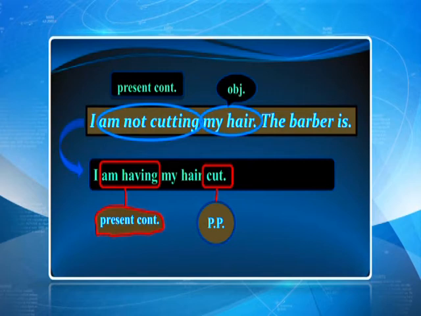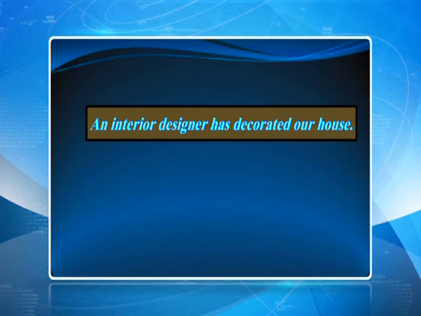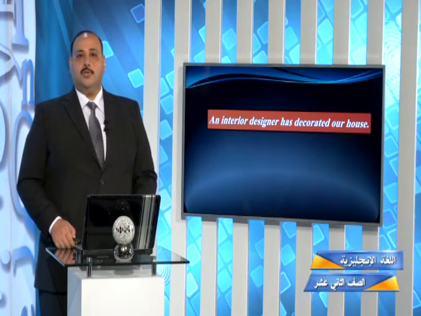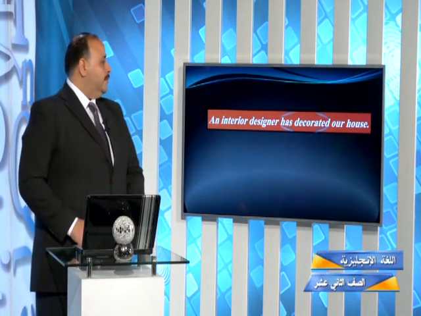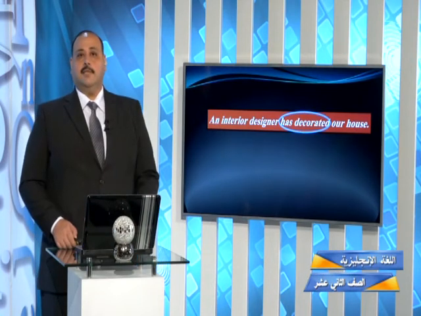Let's move to have another look at another verb. An interior designer has decorated our house. Again, you should do it by yourself right now. Now, what is the first step, as I taught you? Yes, to decide what is the tense. Is it present or past? We have has decorated.